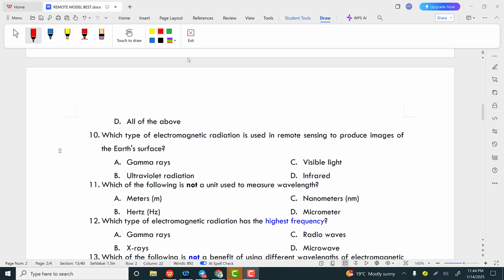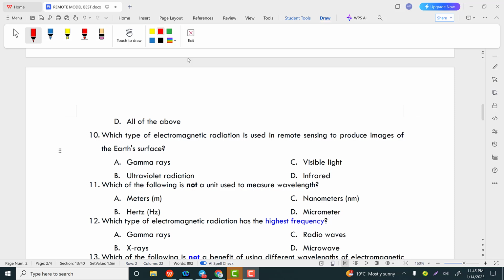From the two available options, we need to compare and contrast the two. On the basis of that, I would prefer thermal infrared or infrared. As you know, thermal infrared radiation is crucial in remote sensing because it is emitted by all objects based on their temperature.